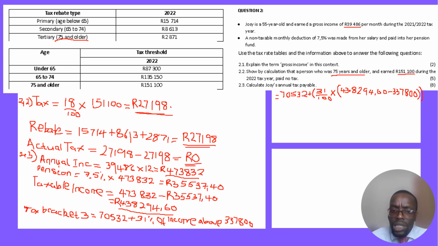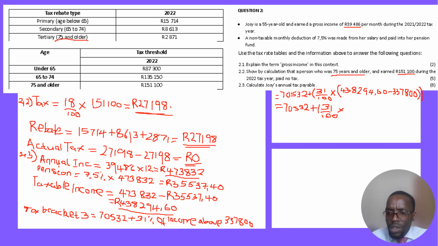Having substituted into the formula, we have 70,532 plus open bracket 31% of the difference that we have there.